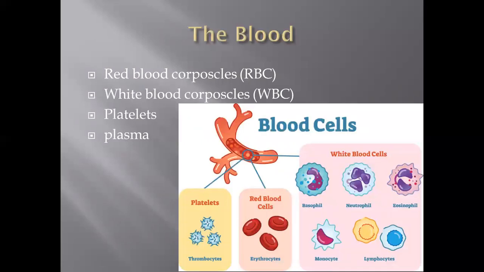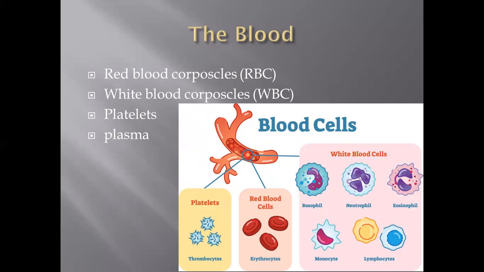The blood. The living human body contains different types of fluid. Blood is one of them. It circulates in a closed system formed by the heart, arteries, capillaries, and the veins. An average adult has a volume of 5 to 6 liters of blood, which constantly circulates.